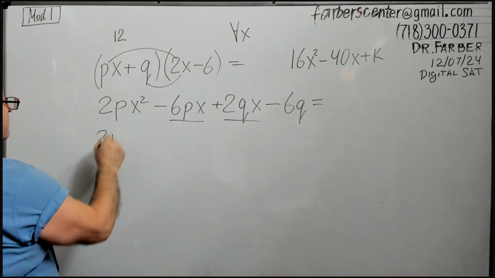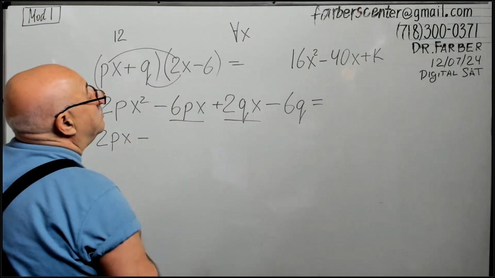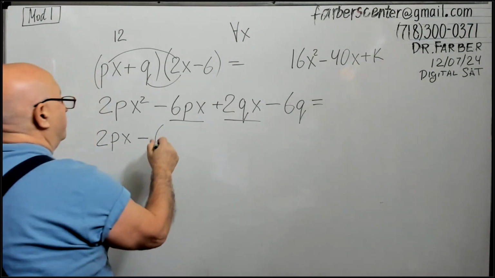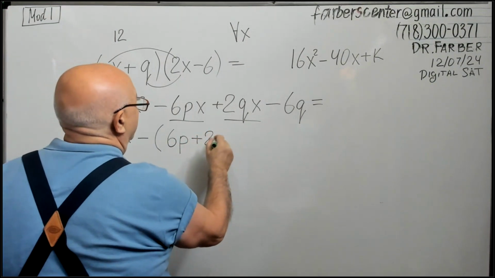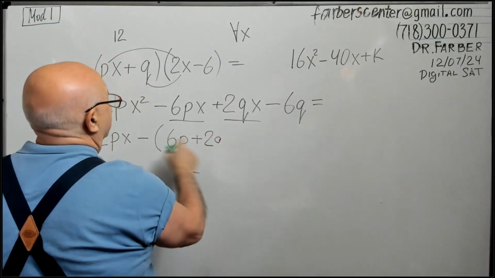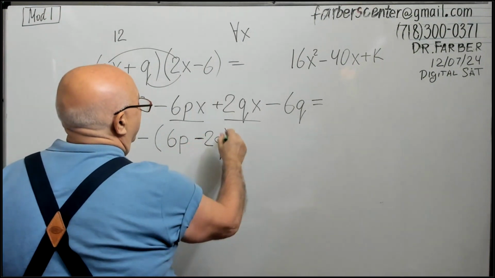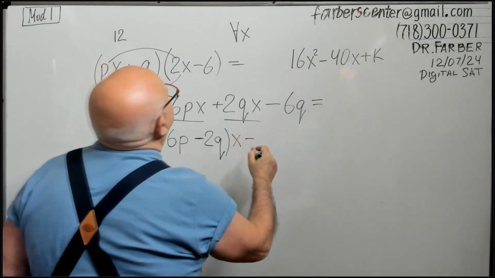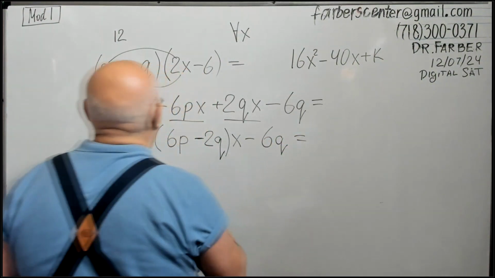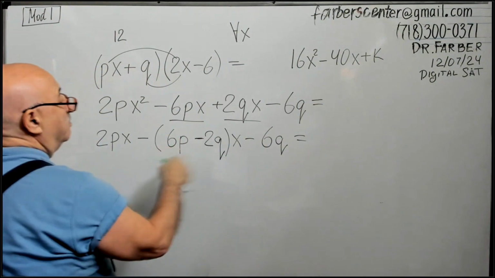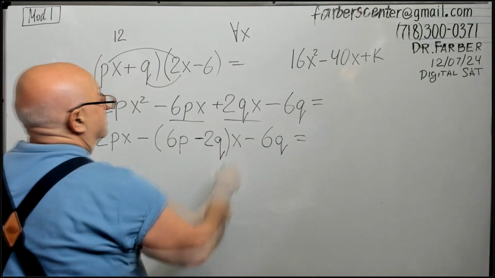So simplify, having the two terms with x in one group. You have 2px squared minus (6p minus 2q) times x and minus 6q. Check it: negative 6px plus 2qx.